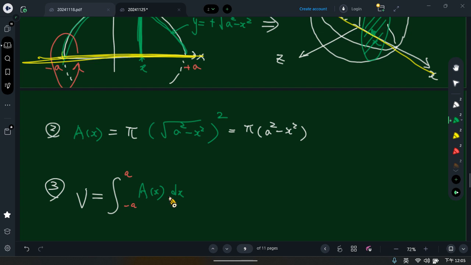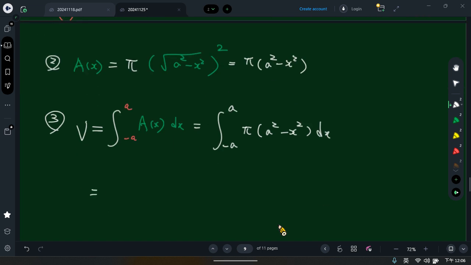Then the last step is to put all of these together and get the volume. So the result will be the integral of pi times a squared minus x squared dx.